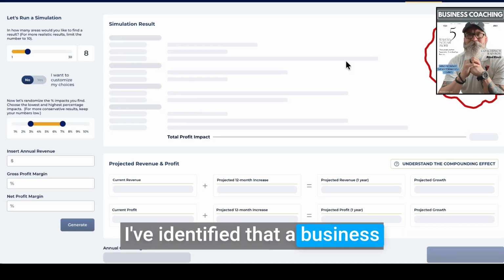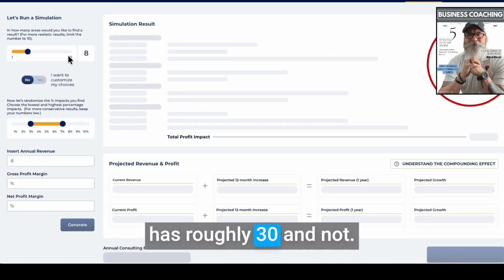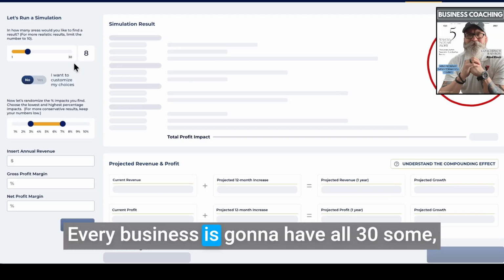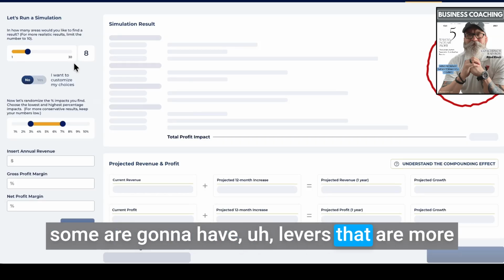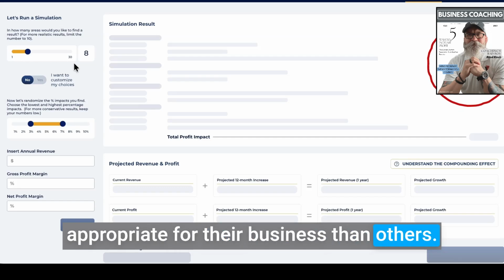I've identified that a business has roughly 30, and not every business is going to have all 30. Some are going to have levers that are more appropriate for their business than others.